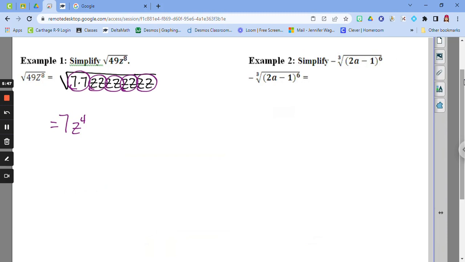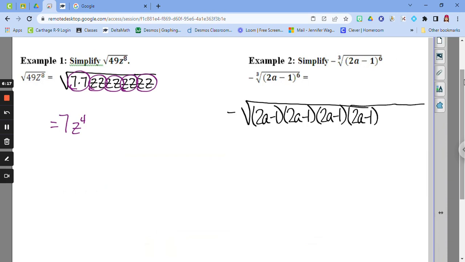On example 2, we have a third root of that. Please do not multiply that out. But let's take a look. I have 6 of those things, right? So technically, I have 1, 2, 3, 4, 5, 6.